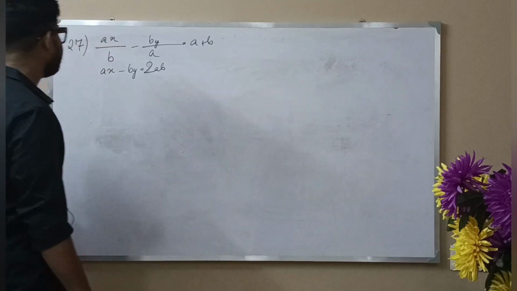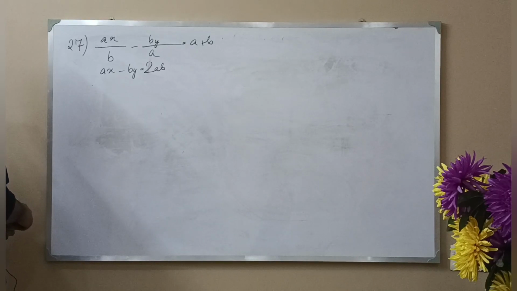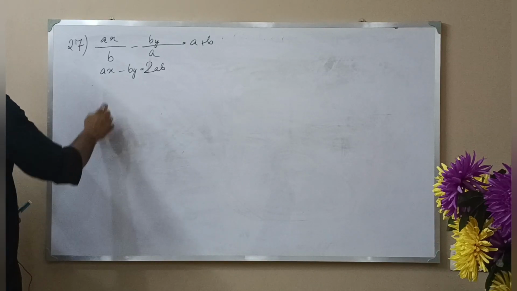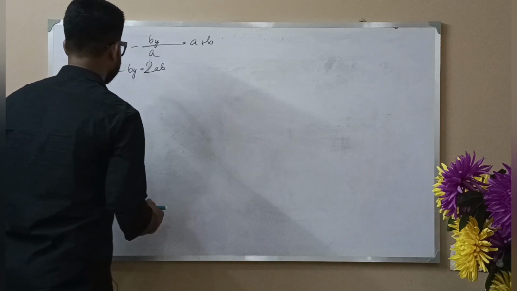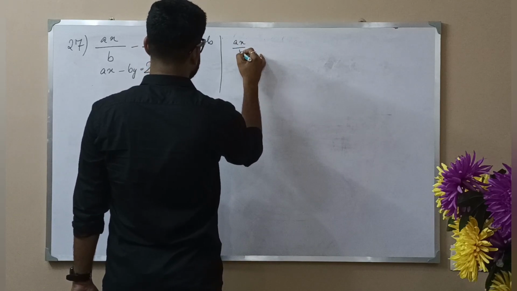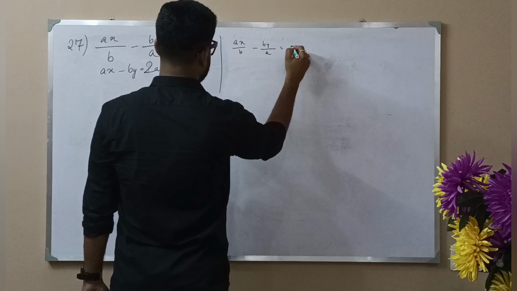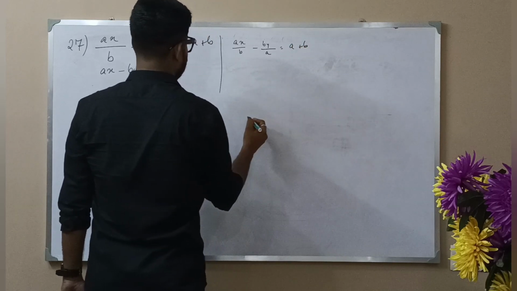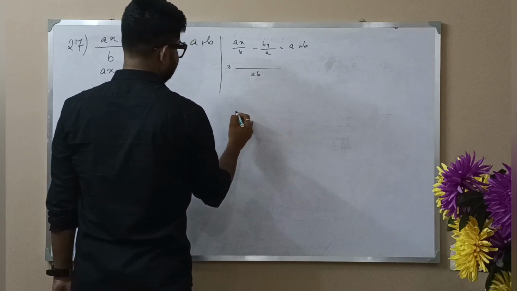So sum number 27 is x by b minus y by a equals to a plus b, and the second equation is x minus y equals to 2ab. So first we'll take the equation. Now we'll take the LCM.